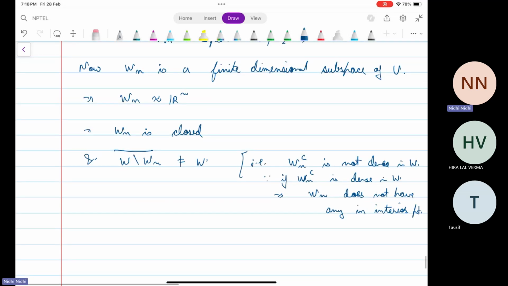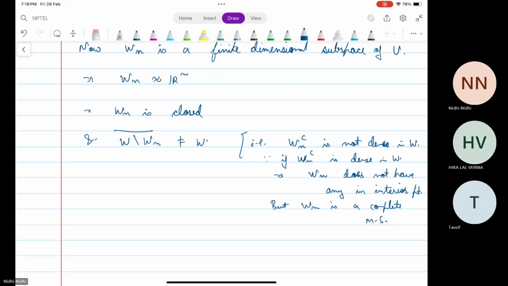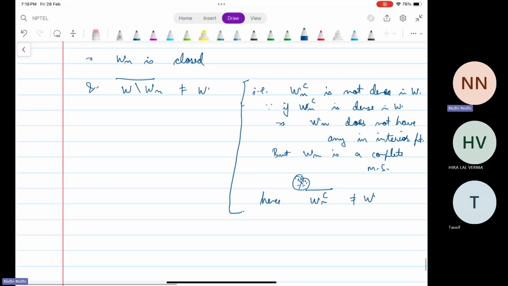But clearly Wn is a subspace itself, is a complete metric space. Therefore, we get a contradiction. Hence, Wn complement closure is not equal to W. And this is the definition of nowhere dense.